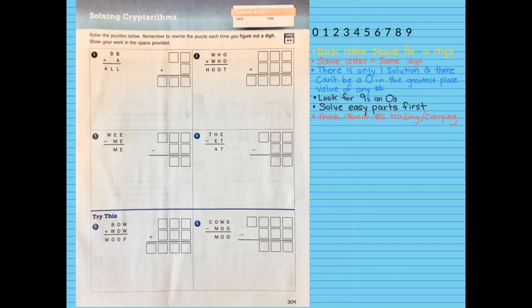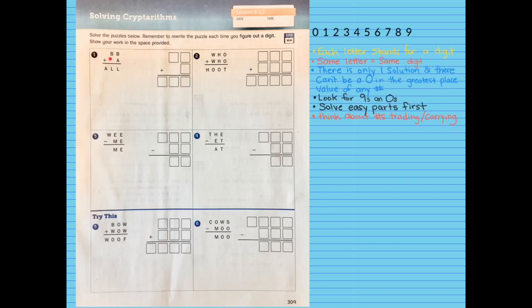So if you want to get an ink pen and write 0 through 9 somewhere on a scratch sheet of paper, you can mark things off with a pencil and erase over top of your ink pen, and it won't erase your numbers underneath. But anyway, let's go ahead and get started with number 1.